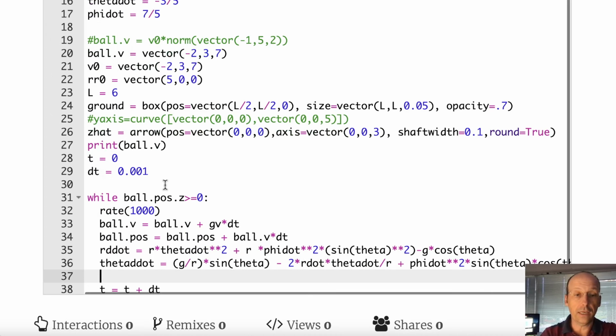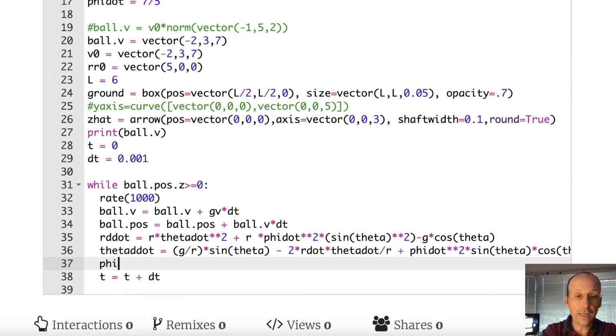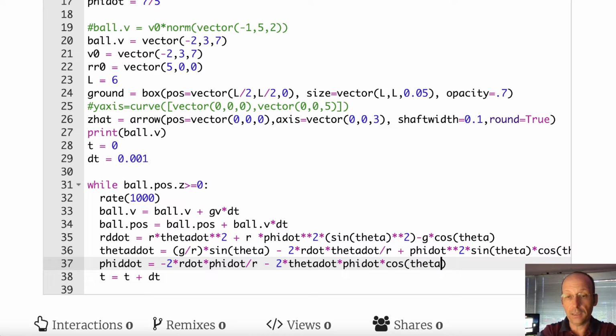Now I need to calculate phi double dot. Phi double dot equals -2 times r dot times phi dot divided by r minus 2 times theta dot times phi dot times cosine theta divided by sine theta.